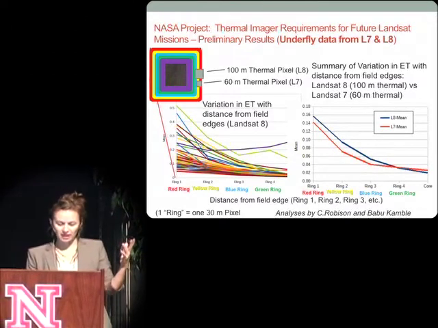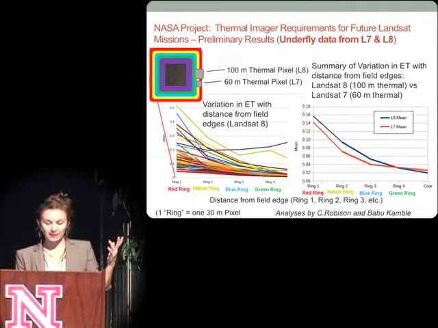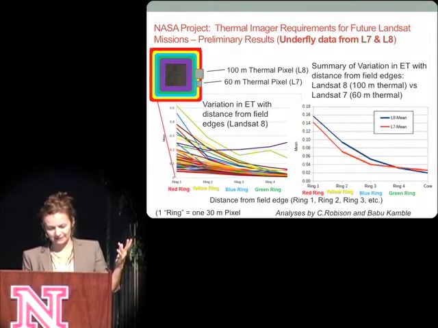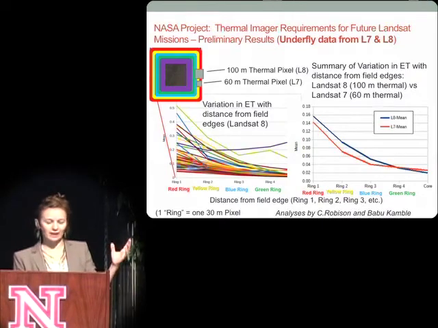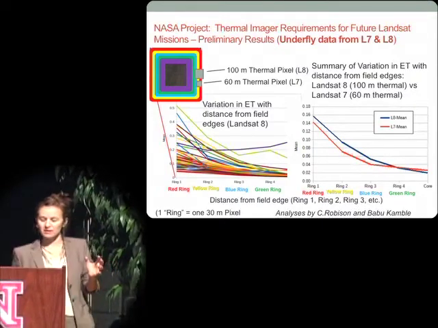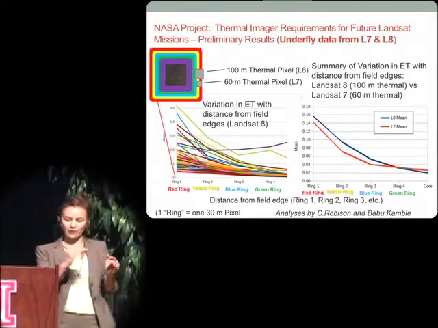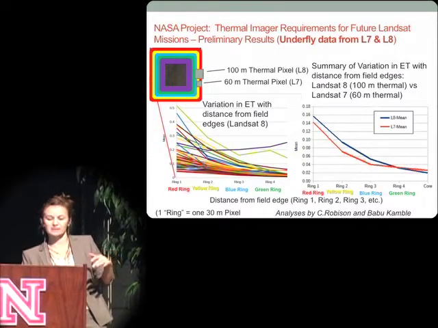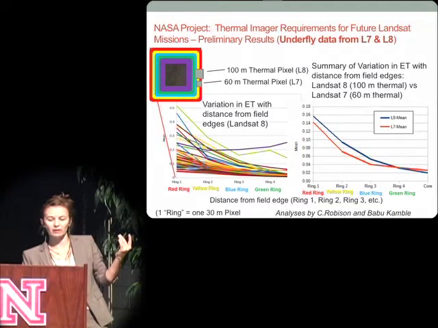Anyway, here's the kind of result that we were expecting and found. This is the distance. These are the rings. Ring 1, this 30 meter, you go further from the field edge. There might be some roads, some buildings, there might be some contamination in the thermal pixel.